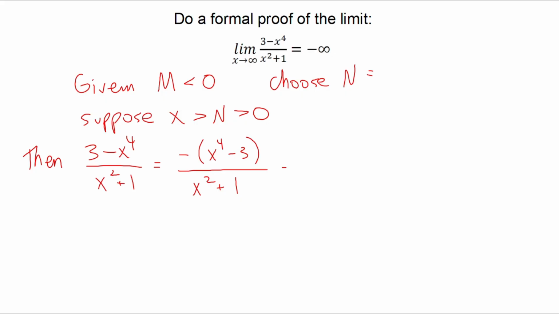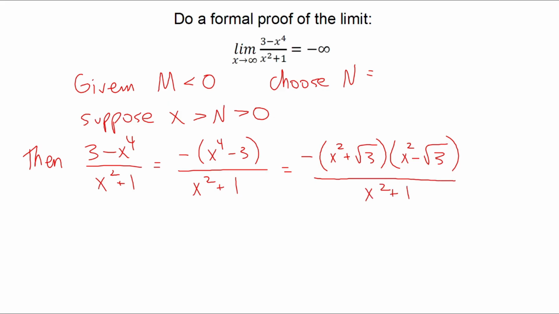So if I factor that numerator, I have the opposite of (x squared plus root 3) times (x squared minus root 3), all over x squared plus 1. Now, if I could get either x squared plus root 3 or x squared minus root 3 into that denominator, then I would be able to cancel some terms, and I'd be left with my x's in the numerator, which is actually what we want here.